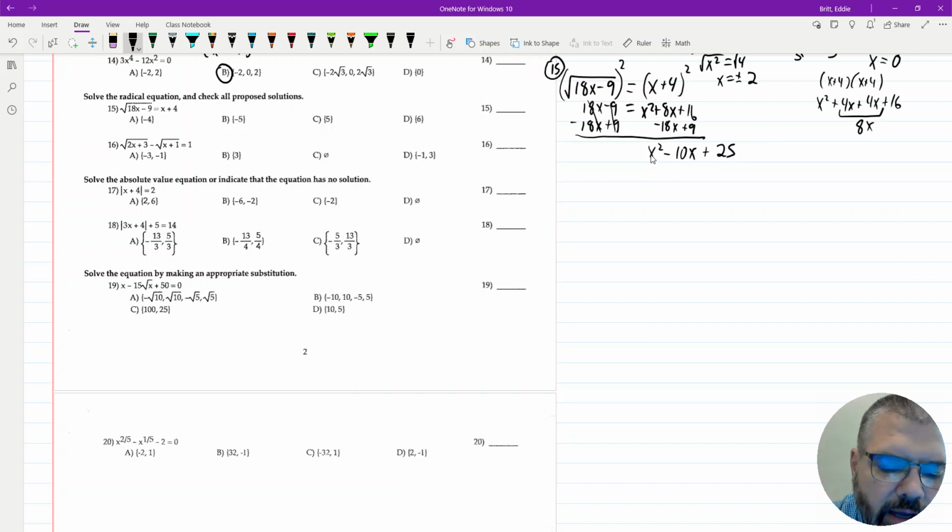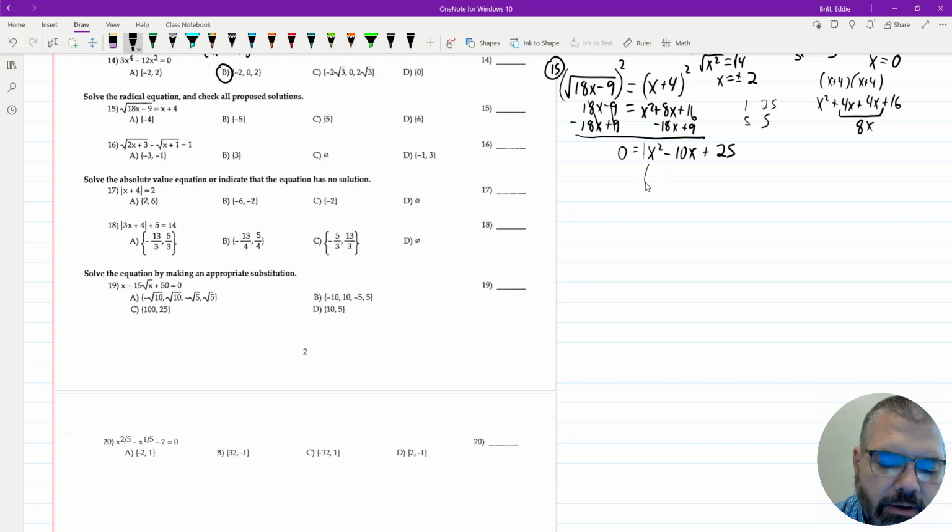And that is all equal to 0. It doesn't matter if you put equal 0 on the left side or equal 0 on the right side. I am going to try to factor this because I notice I have a 25 here, and that's either 1 and 25 or 5 and 5. This is a type 1 quadratic because that's a 1x squared.